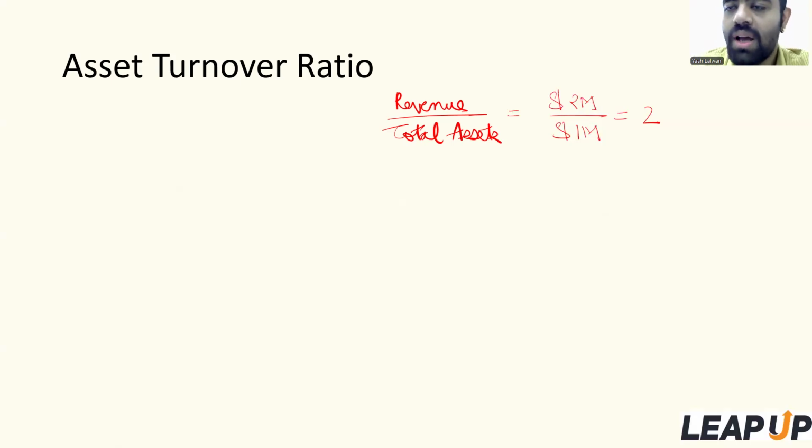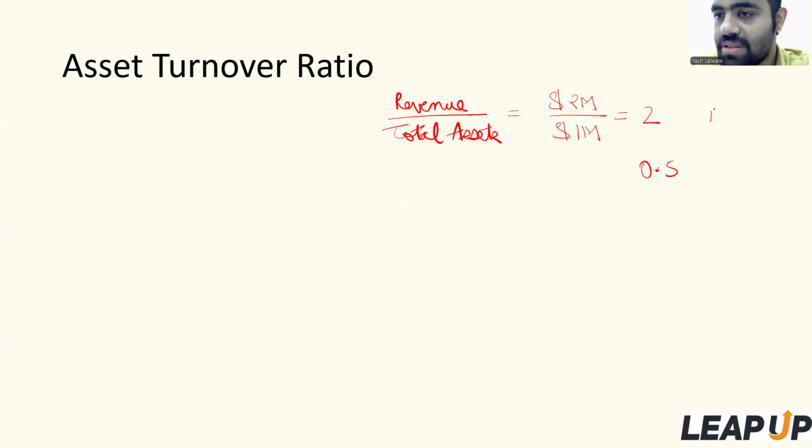Now let's assume another business in the same line is able to do an asset turnover ratio of 0.5. What does this mean? For every $1 that is invested in the total assets of the firm, it is able to do only 0.5 revenue for that $1 invested.